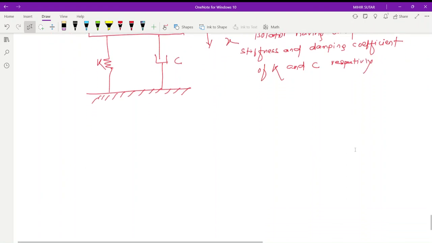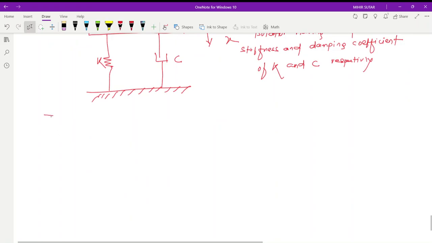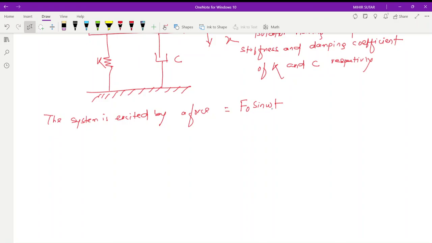Now, the system is excited by a force equal to F0 sine omega t.